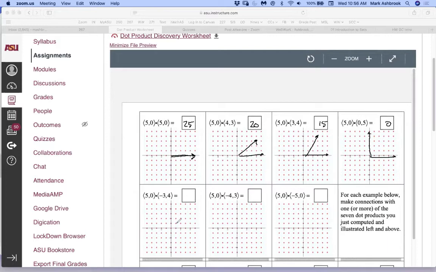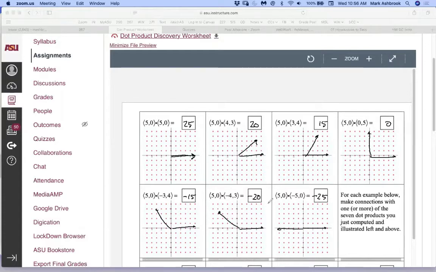Are these familiar? Yeah. Negative 15, negative 20, and negative 25.